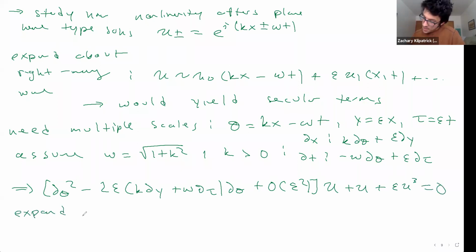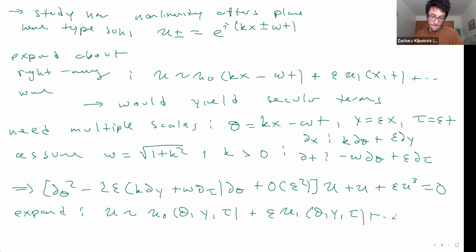We're going to expand now u as u0(theta, y, tau) in our slow variables in addition to the characteristic variable, and then isolate powers of epsilon.